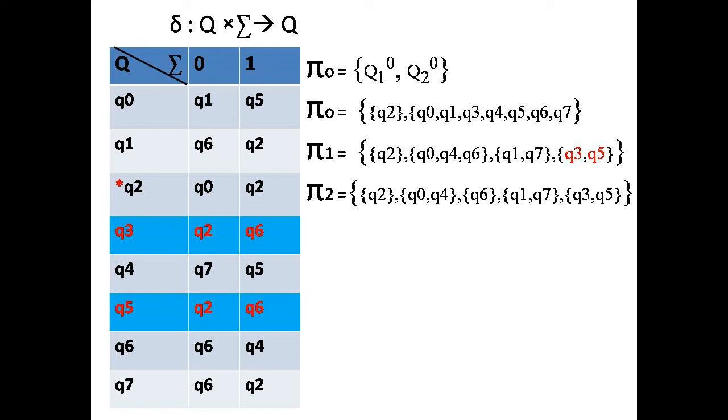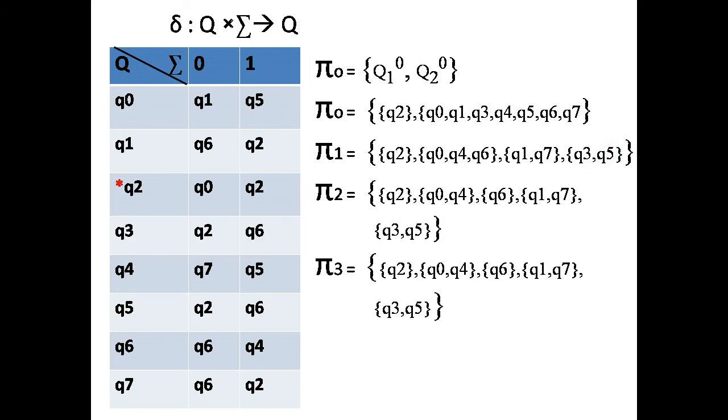On 1 input symbol, it goes to Q6, Q6. Q6, Q6 is in the same set in pi 1 equivalence. Therefore, Q3 and Q5 are pi 2 equivalent.